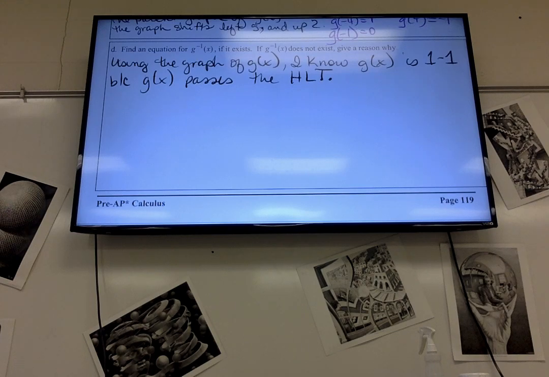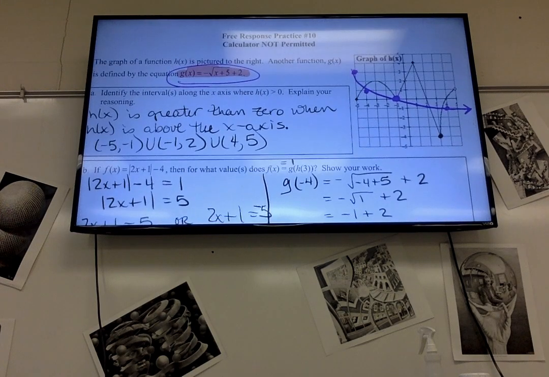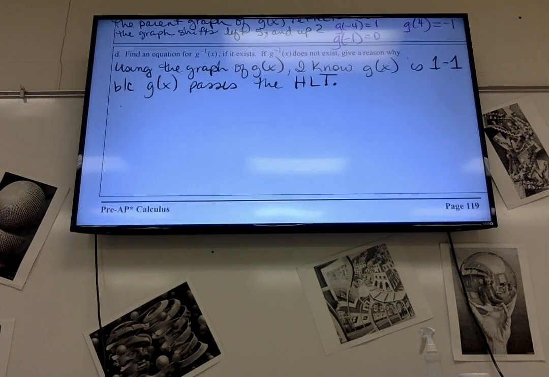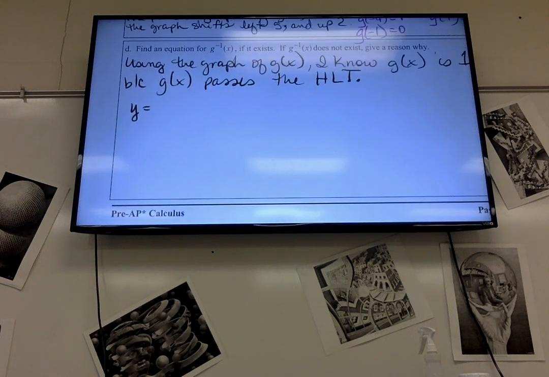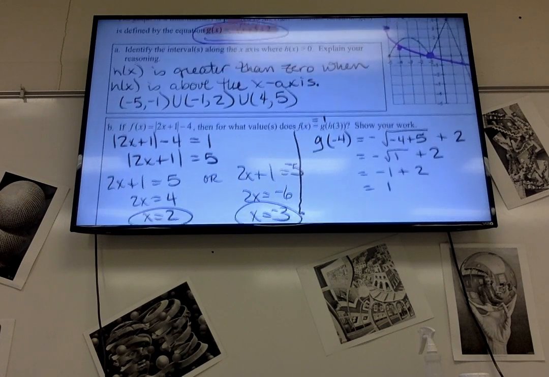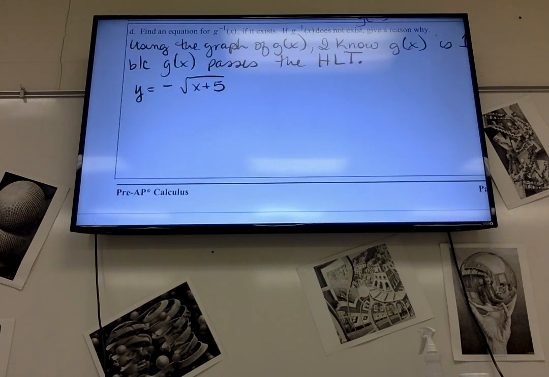All right, so now we're supposed to find g inverse of x. So now I use that equation. So g of x, so I'm going to replace g of x with y, equals negative square root of x plus 5 plus 2. Okay, flip-flop the x and the y. Subtract 2. I can divide first or square first.